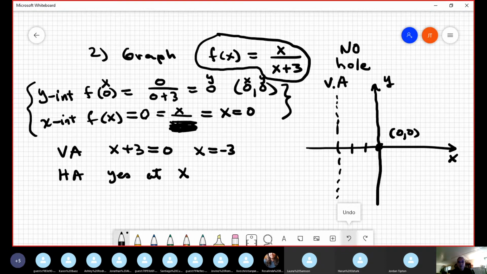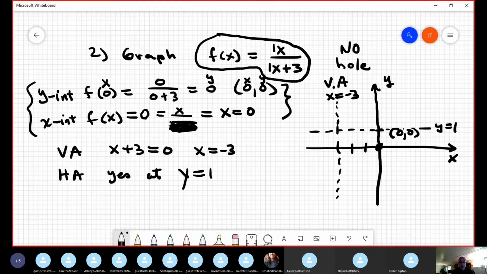Where does this y equals 1 come from? It's the division of this invisible 1 and this invisible 1. So the horizontal asymptote is y equals 1, and the vertical one is x equals minus 3.